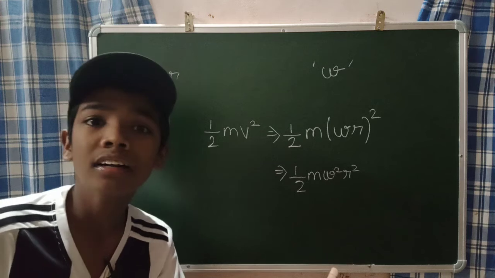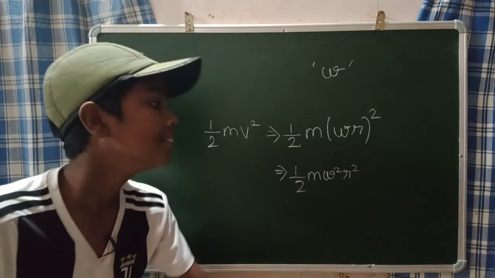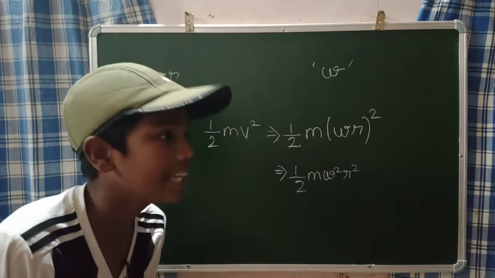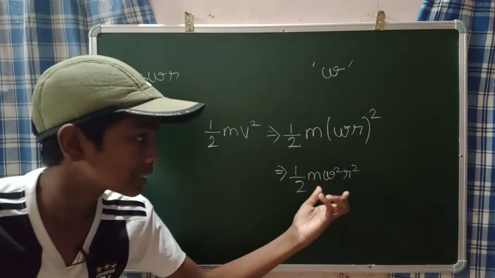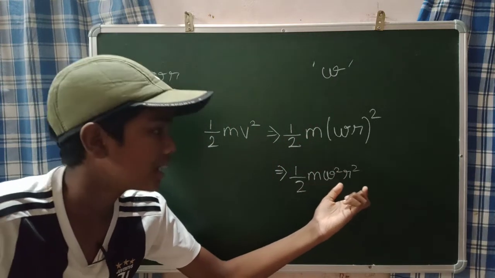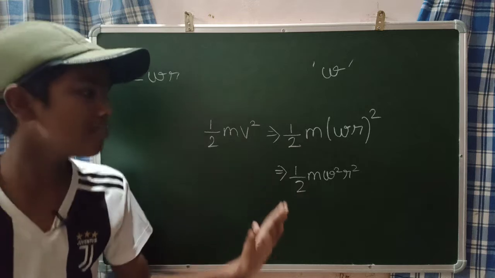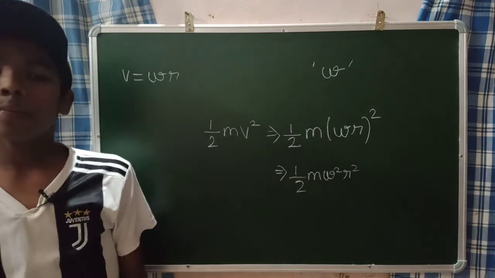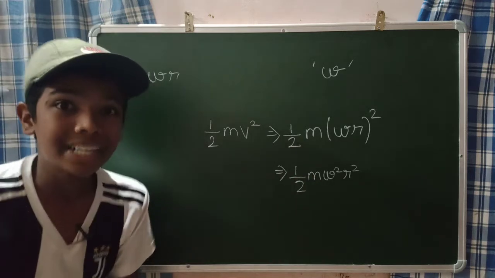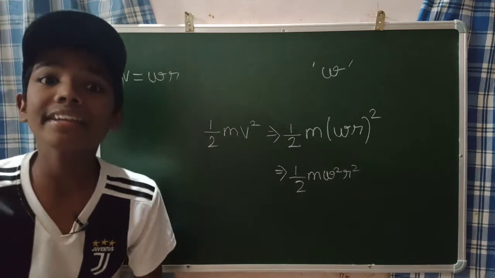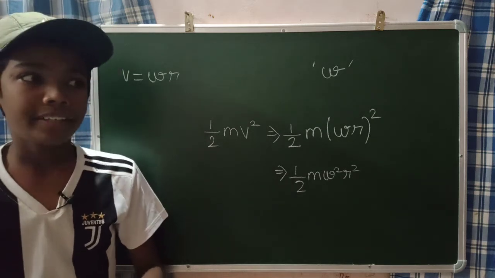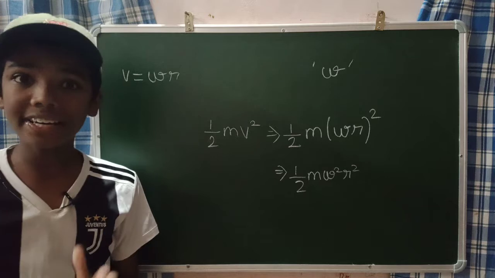This will be your kinetic energy of that rigid body which is rotating about a given axis, where m is mass, omega is angular velocity, and r is your radius. So half into m into omega square into r square will be your kinetic energy. But till now we did not complete the final relationship.